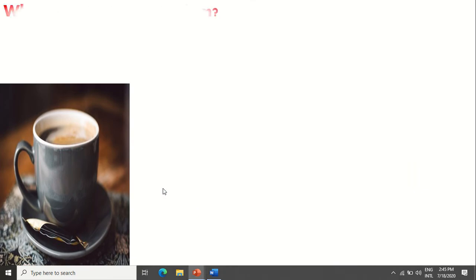Now, I will explain thermal equilibrium. What is thermal equilibrium? Look, here you can see a cup of tea. If a hot cup of tea is kept on the table, then what will happen? After some time, it will lose the heat to the surrounding. That means heat will be flowing from the hot cup of tea to the surrounding.